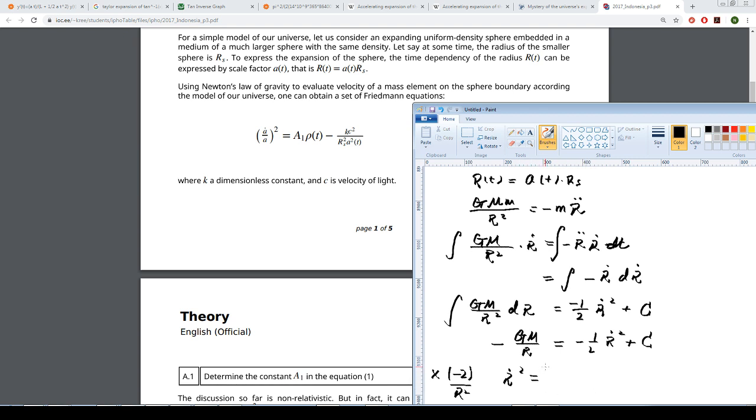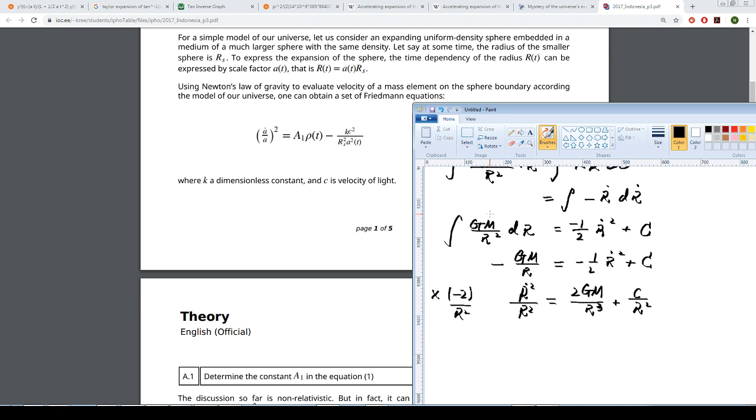Becomes r dot squared over r squared equals 2GM over r cubed, c over r squared. And because, is it minus 2c, or is it just a constant? Yeah, it's just a constant. It doesn't matter.